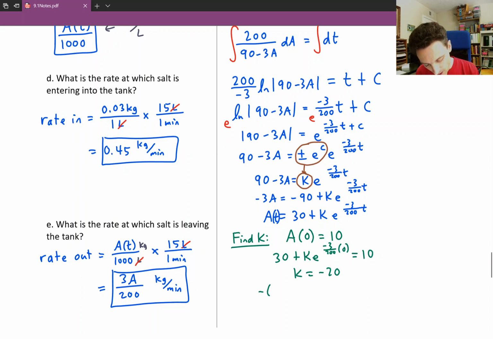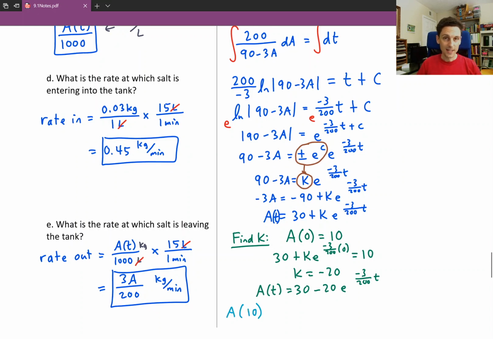So the amount of salt in the tank over time is 30 minus 20 e to the negative 3 over 200 t. Now we can finally use that to figure out how much salt there is in the tank after 10 minutes. At this point we know how much salt there is going to be in the tank at any time.